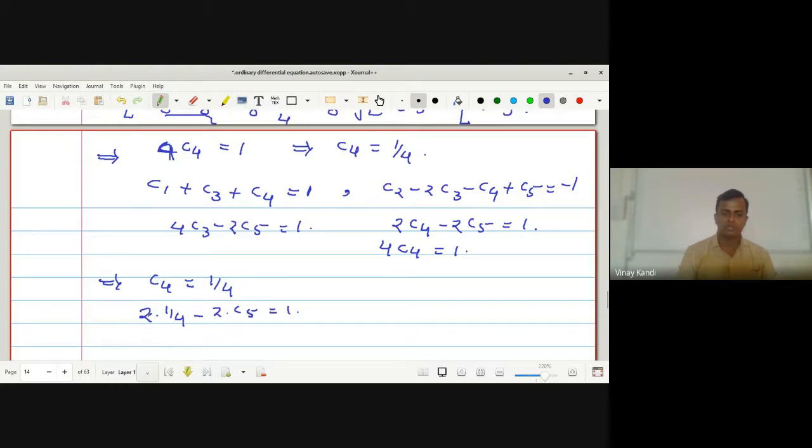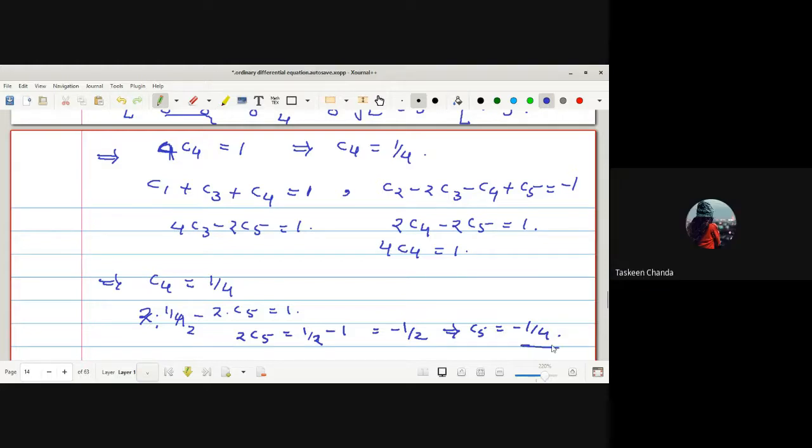So here we get 1 over 4. 2C5 is equal to 1 by 2. 1 by 2 minus 1, which is equal to minus 1 by 2. Which implies C5 is equal to minus 1 by 4. Alright, C5 minus 1 by 4? Yes sir.